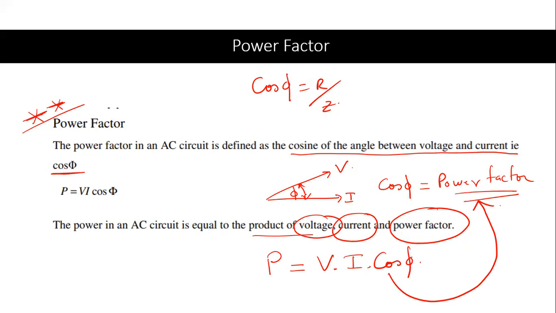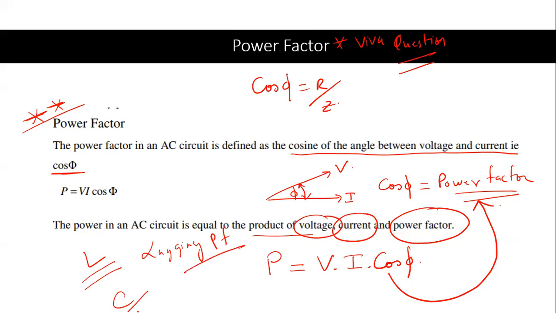This is again a viva question: what is power factor? When we are talking about an inductor circuit, we say lagging power factor. When we talk about a capacitor, we'll say leading power factor.